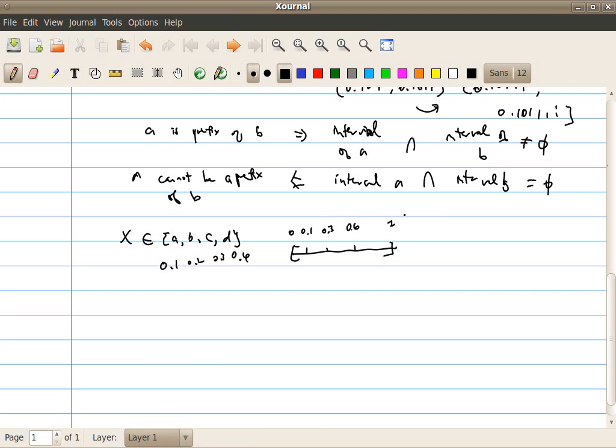So what I just did is assign an interval to each symbol, and the length of the interval is proportional to its probability.